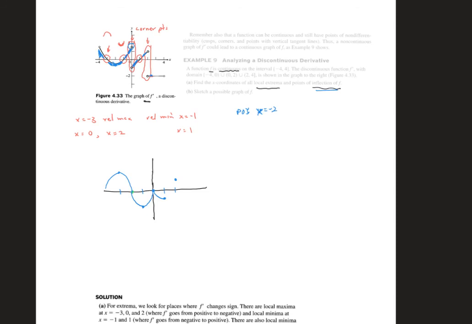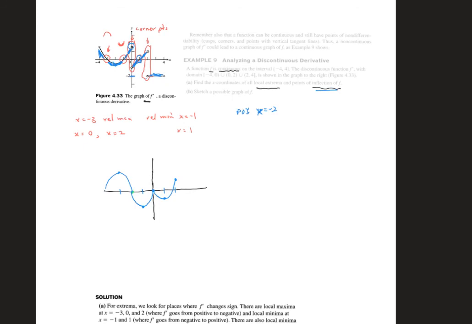Now we're going to have our relative minimum right here, and it switches to where the derivative is positive, so we're increasing, the derivative is increasing, so we're concave up. So we're increasing and concave up until we get to x equals 2. Now we're going to switch to decreasing, and because this is horizontal, that means we're going to get a straight line that has a slope of negative 2.